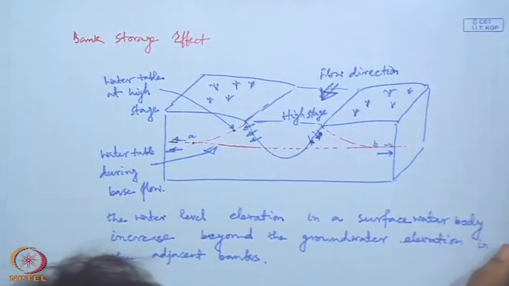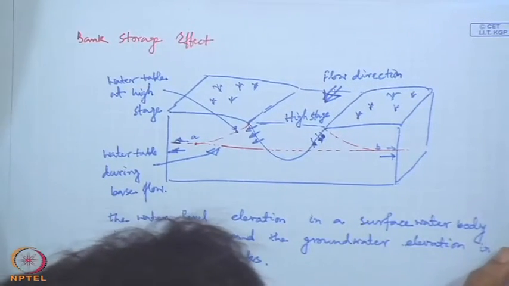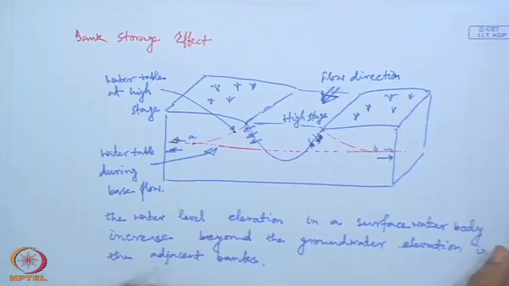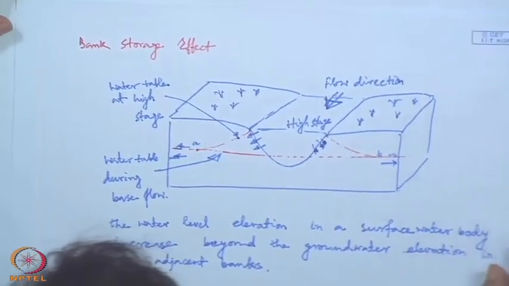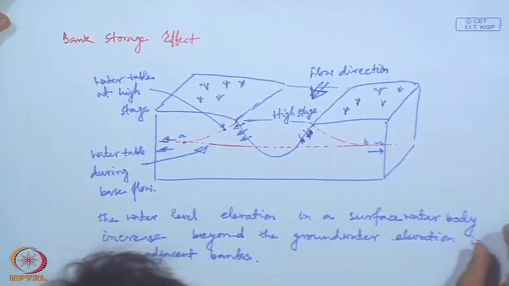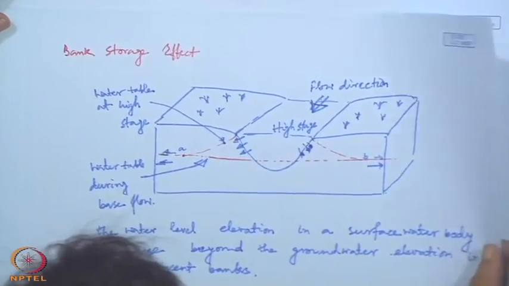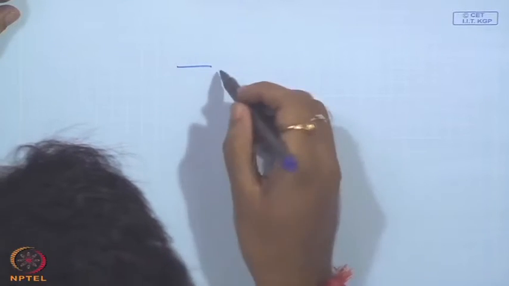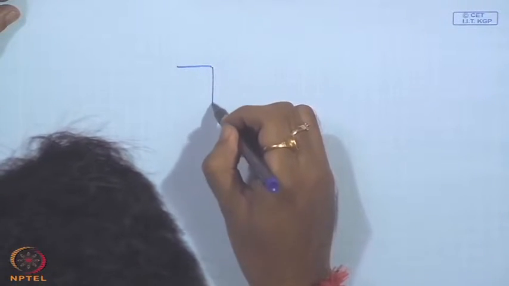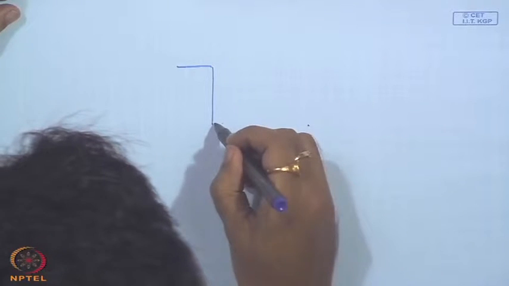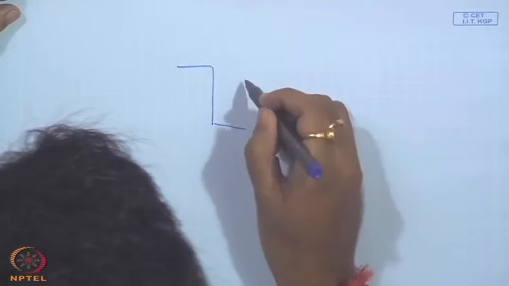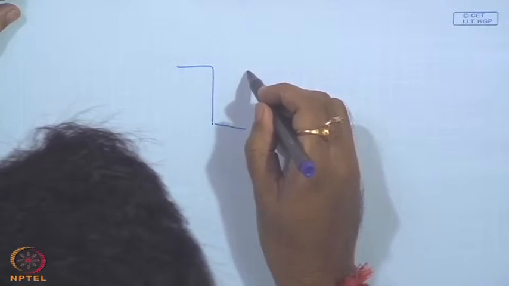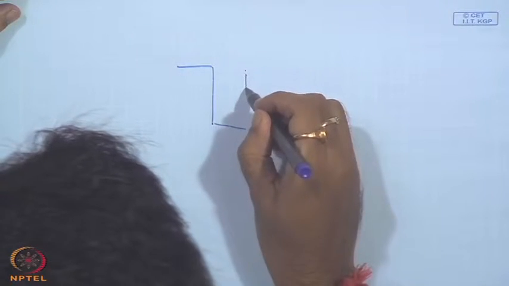So, if you want to model this in a practical situation, then we need to idealize this particular system with some simplified assumptions. Now, let us say that we have some aquifer, and in that one we have some rectangular stream channel.